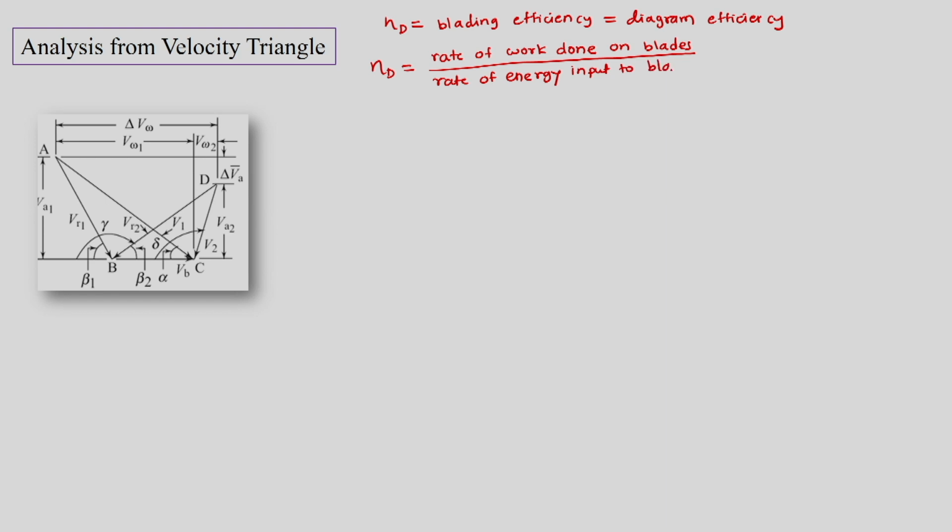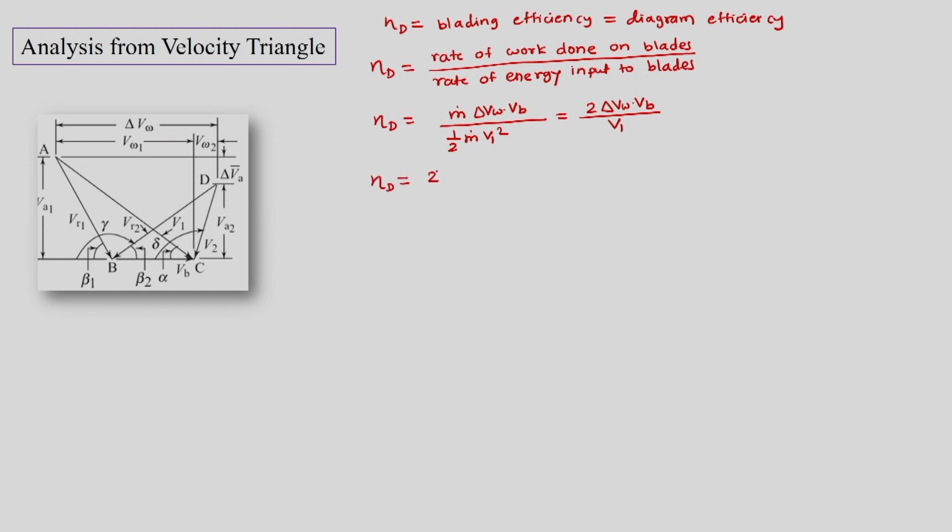Knowing this, we know that the work done is m dot into delta VW into Vb, and the energy supplied is 1/2 m dot into V1 square. So this becomes twice delta VW into Vb divided by V1 square, but we have already found out what is delta VW.